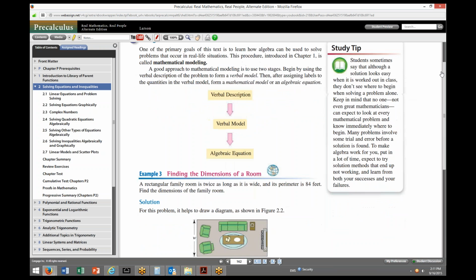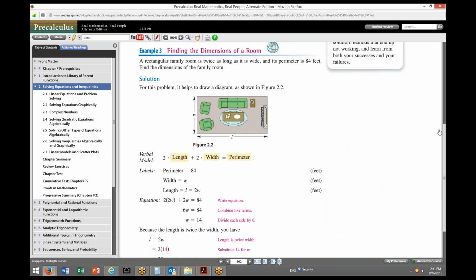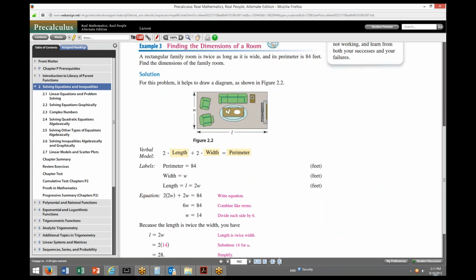Here's an example of using these formulas to solve a problem. A rectangular family room is twice as long as it is wide, and its perimeter is 84 feet. Find the dimensions of the family room. The dimensions in this case means find the length of the rectangle and the width of the rectangle. Well, what do we know? It's twice as long as it is wide.